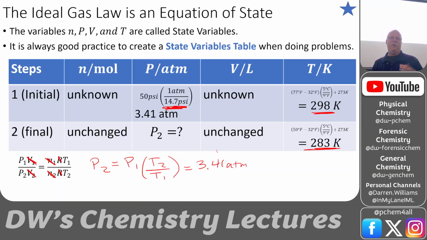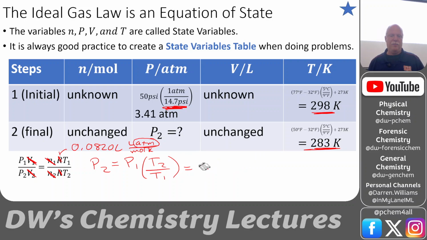Actually, if we're not using the gas constant, and this gas constant is 0.08206 liters atmospheres per mole Kelvin, if R doesn't cancel, then I have to change everything over to atmospheres. But since we're not using R, I don't have to have everything in atmospheres.